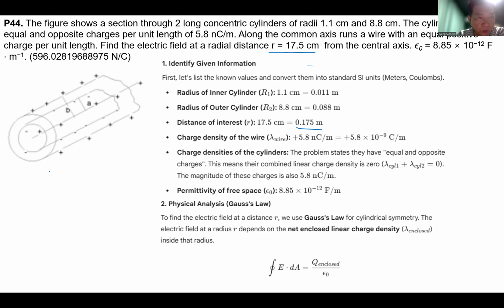So in other words, we have the positive charge, the negative charge, and then the wire with positive charge, and our region of interest is here, outside. Once again, we take a cylinder of radius R and length L.